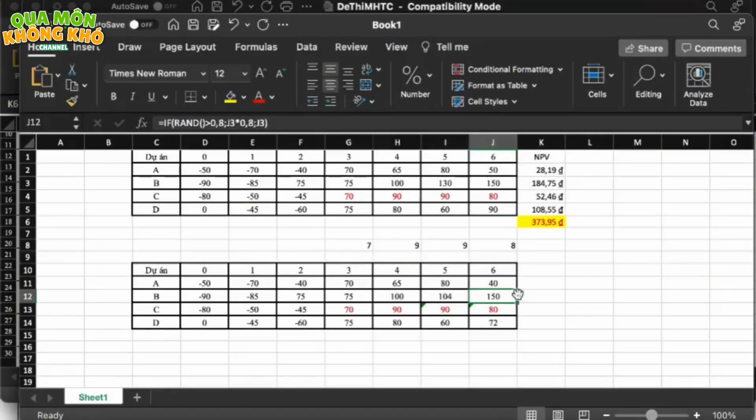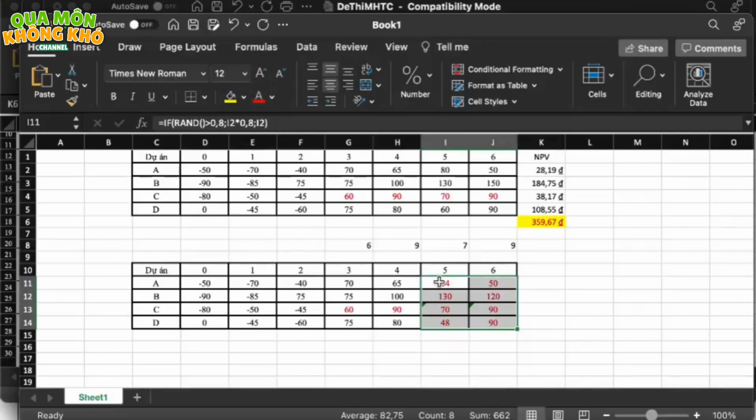Okay, so we have the assumption in our case here with year 5 and year 6. And when we press enter, we can see the trend in those numbers.